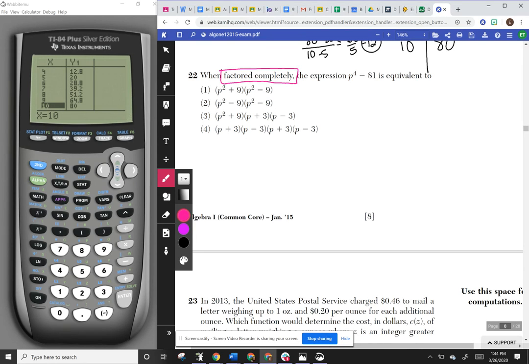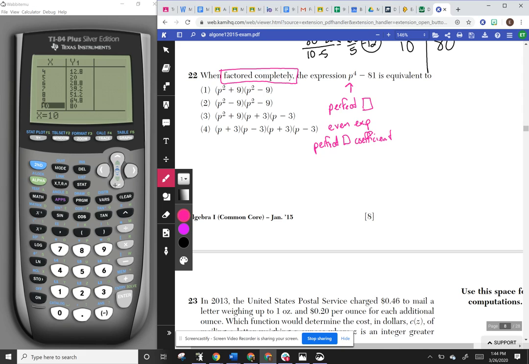Looking at this expression, the first thing I notice is p to the fourth is a perfect square. And I know this because it has an even exponent and a perfect square coefficient.